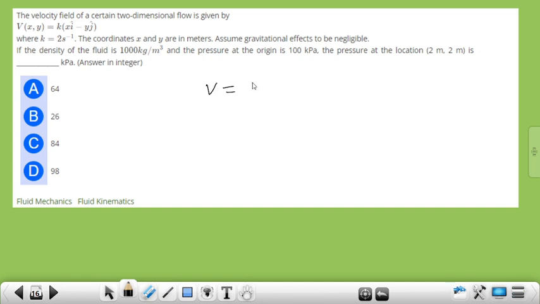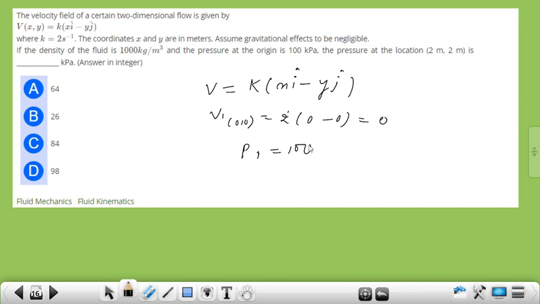So given velocity is equal to k into x i cap minus y j cap. So at origin 0, 0, given k value is 2 and x is 0 and y is 0, so the velocity is 0. The given pressure at origin, that is point 1, is 100 kilopascal, and we have to find it at location 2 and 2.